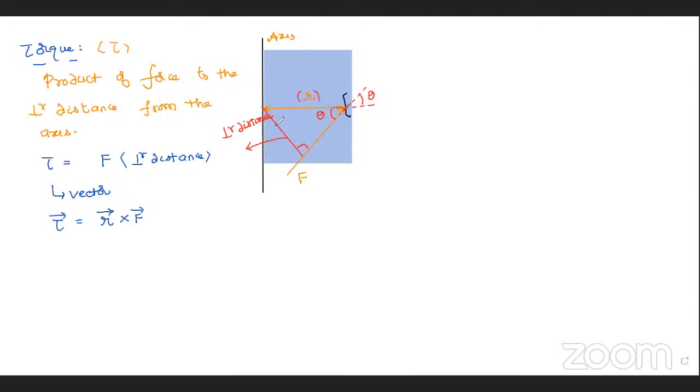Here, to get the perpendicular distance, sine theta is equal to the opposite side, the perpendicular distance, by the hypotenuse. Hypotenuse is R. Therefore, the perpendicular distance you are getting is R sine theta. Now you can substitute over here in place of torque.